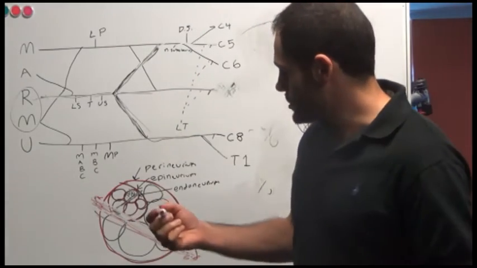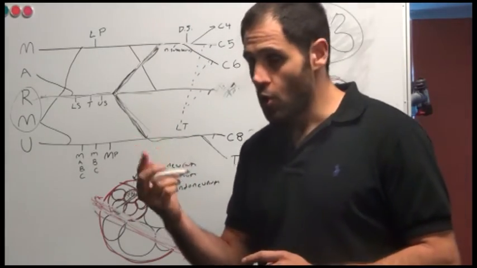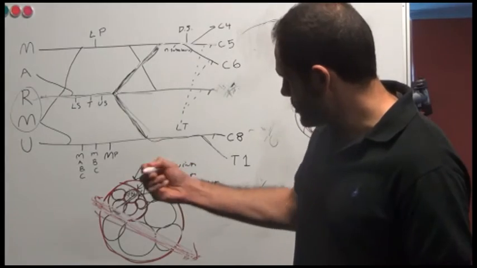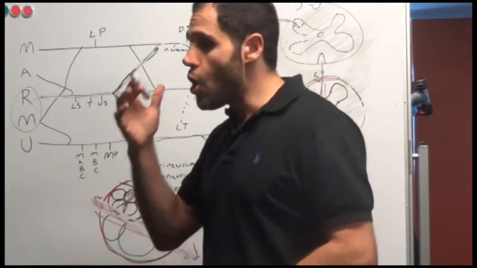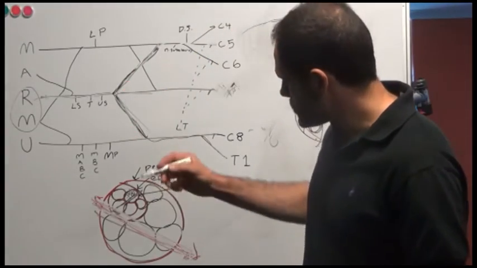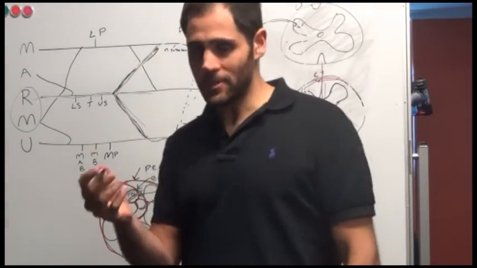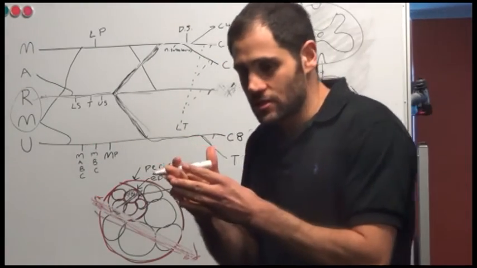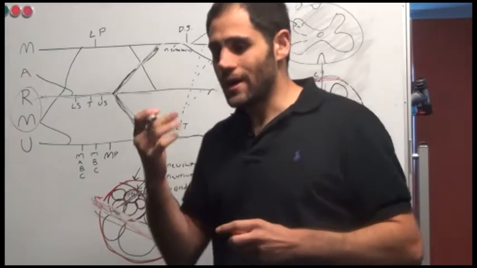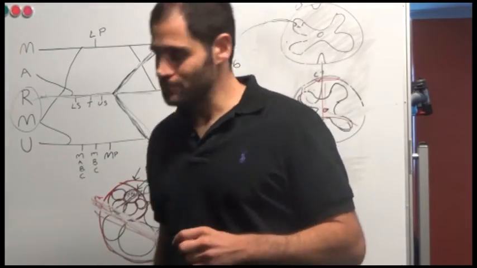With an axonotmesis, we have either damage to the axon, or damage to the axon and the endoneurium, the connective tissue surrounding the individual axons, or damage to the endoneurium and the epineurium. Between these grades of axonotmesis and neurotmesis, it is quite clinically hard to differentiate the two.